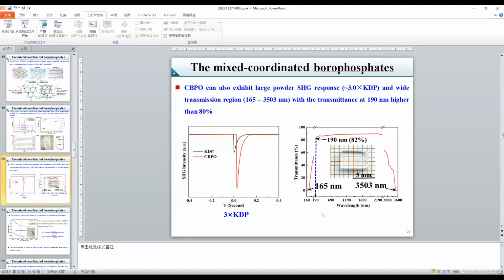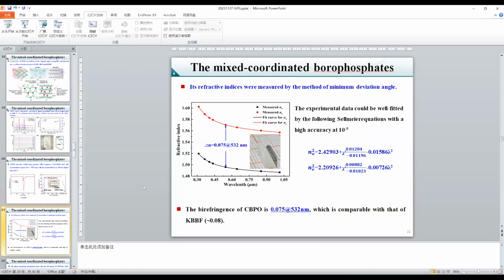So the SHG response for this compound is also larger than KBBF, and the cut-off edge for this compound is 165 nanometers, and at 190, it still has very high transmittance. The transmittance is higher than 80%.